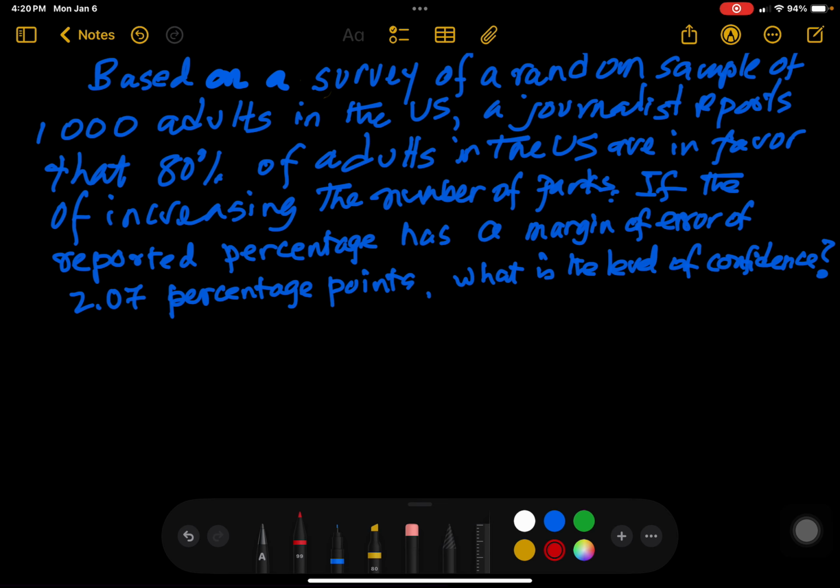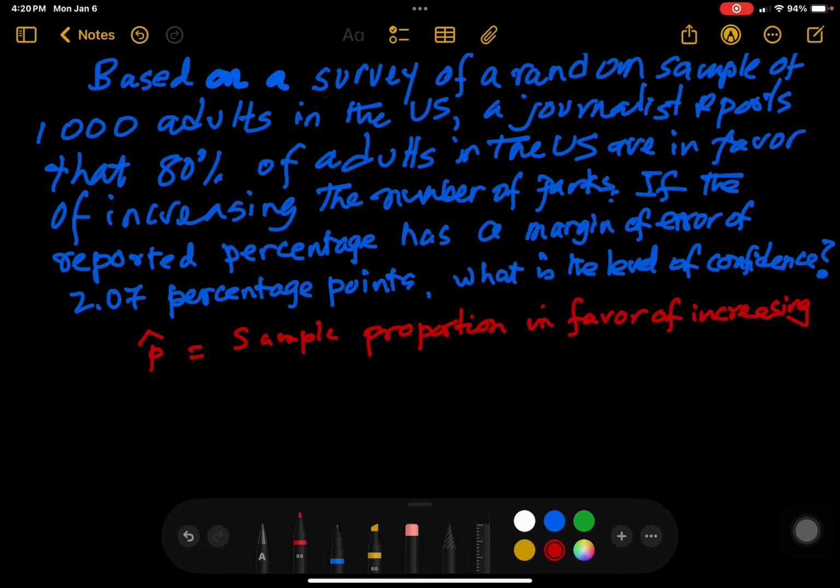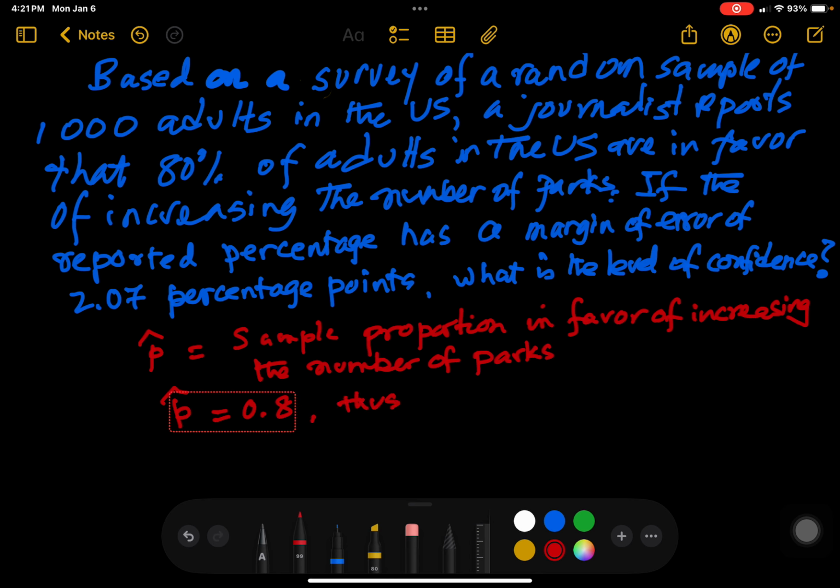So p hat, which is the sample proportion who are in favor of increasing the number of parks, is given as 0.8. Thus 1 minus p hat is equal to 1 minus 0.8, which is 0.2.